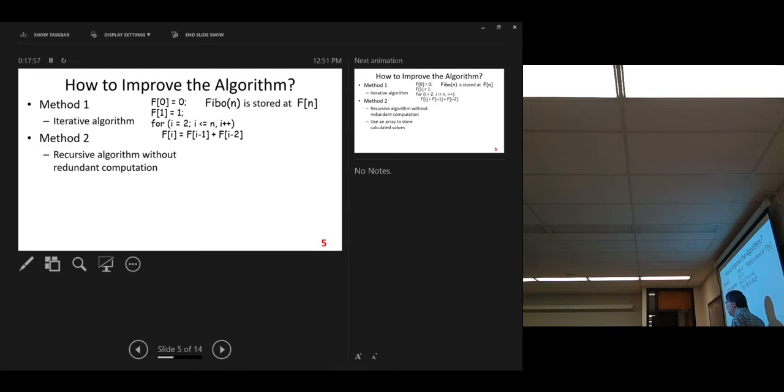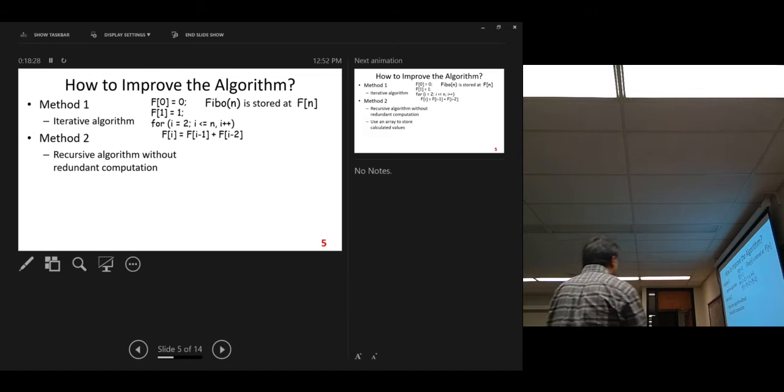We know the recursive algorithm is powerful, right? Because if you try to avoid recursive algorithms, sometimes some harder problems you cannot solve, because the only way to solve them is recursion. So we still want to use the recursive algorithm, but we just remove the redundancy part. How about that? Without redundant calculation. If we can do that, then in the future, even when we use recursive algorithms, we can improve their performance.